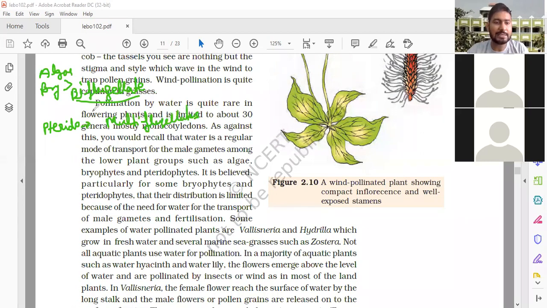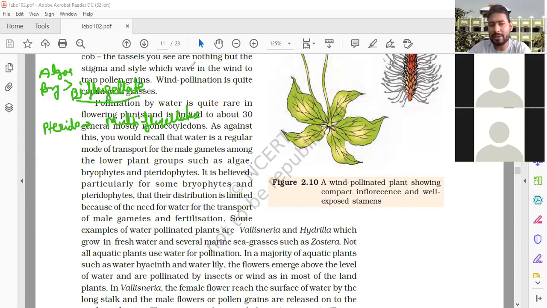Multiflagellate gametes are found. And I have told you already, whatever I am writing or telling, if it is not given in your NCERT, just try to write it. If you are attending my class, you can take a screenshot, or otherwise you have to write it with paper and pen.